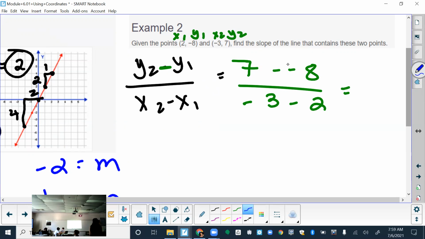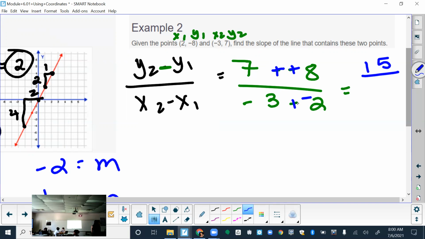So you could just remember double negatives become positives, or I also like to say add the opposite. Anytime you're subtracting, you add the opposite. So really I have 7 plus 8, which is 15. Good. Down here, anytime you're subtracting, you are adding the opposite.